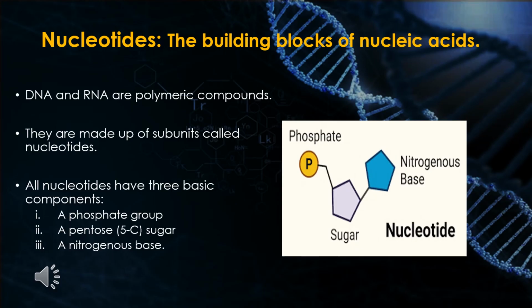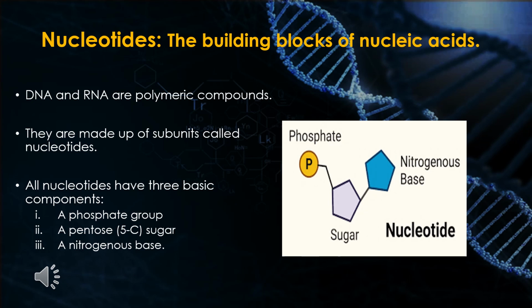Now let's discuss nucleic acids in terms of structure and morphology. Here we are discussing the building blocks of DNA and RNA. As I said before, both DNA and RNA are polymers that are made up of small subunits called nucleotides.